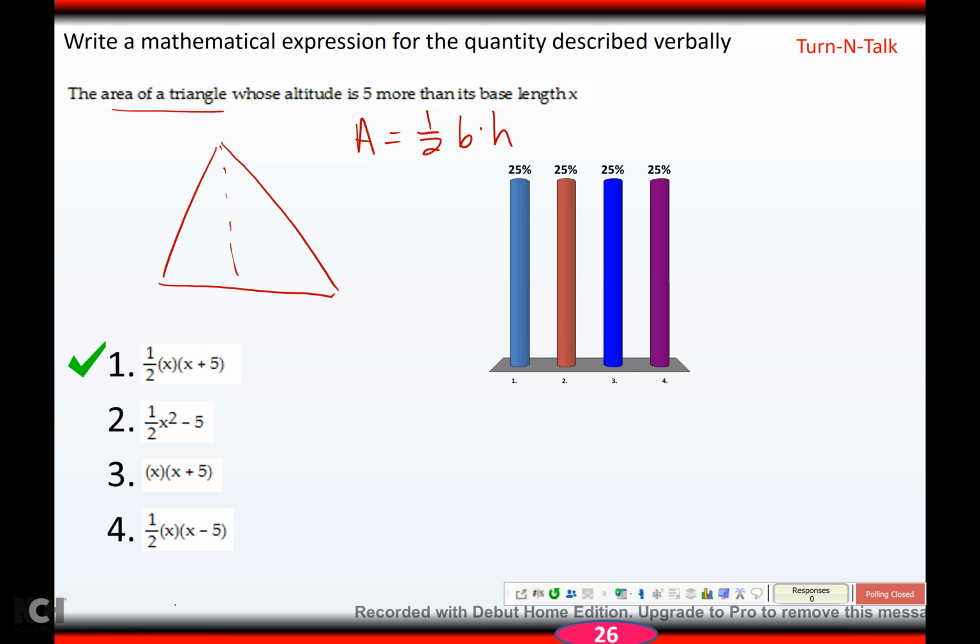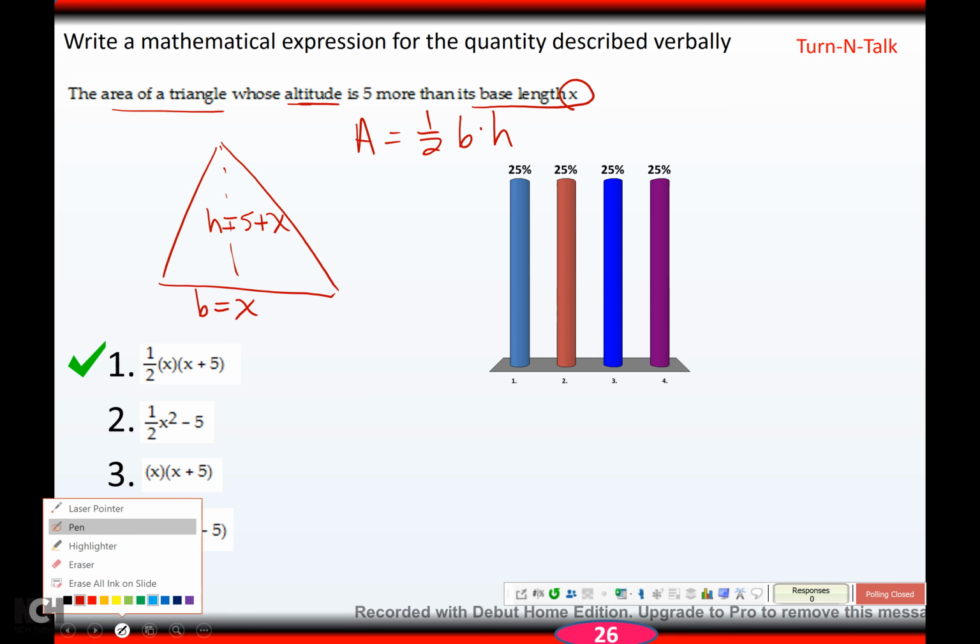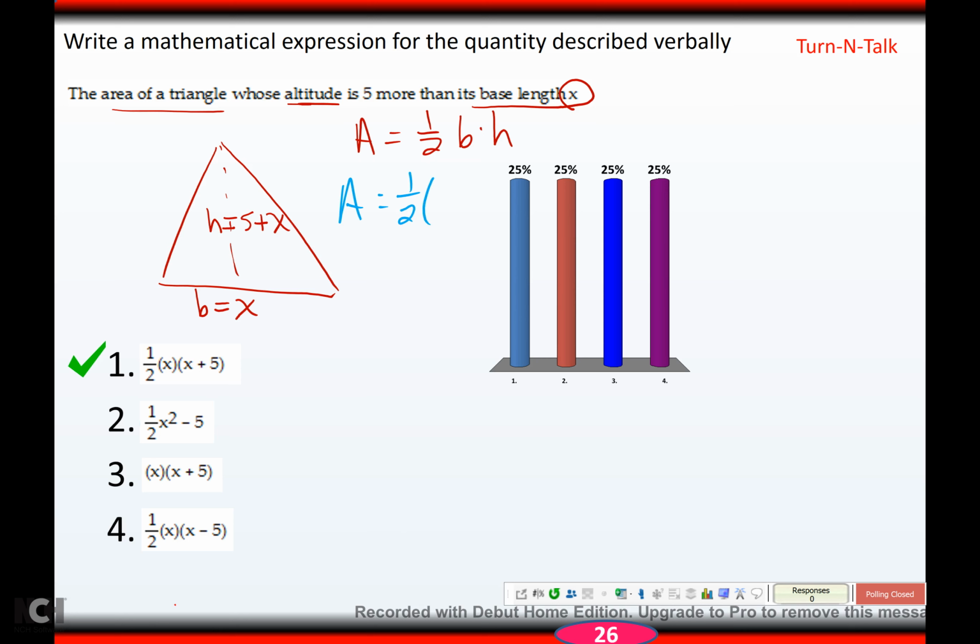And it says my height, they use altitude, but it's height, equals 5 more than its base, which they said to call x. So the base is called x, and the height is 5 more than that. So then you just substitute it in. Area equals 1/2, but instead of base, I'm going to put x, and instead of height, I'm going to put 5 plus x. Yes?